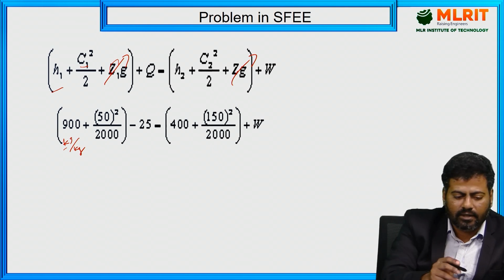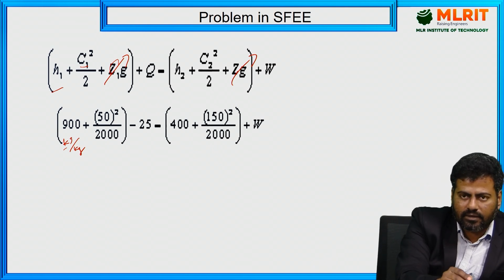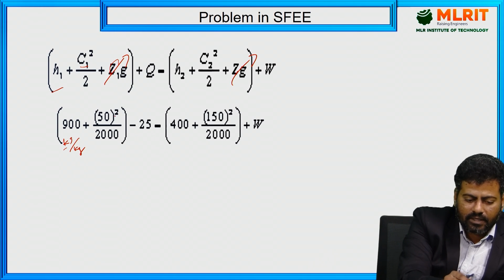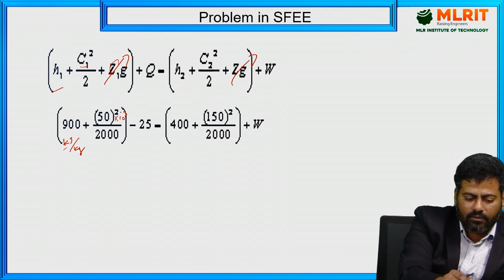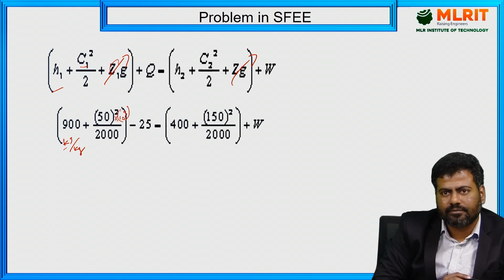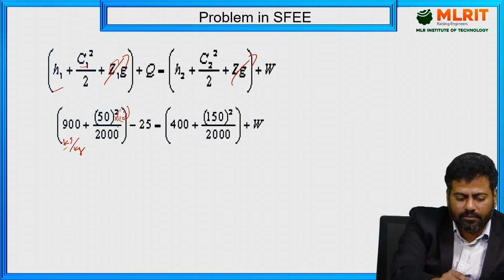That is why, in order to convert joule per kilogram into kilojoule per kilogram, just multiply by 10 power 3 and divide by 10 power 3. If it is multiplied with 10 power 3, now I have the kilo over here. That is why I have taken that 10 power 3 outside. Why?